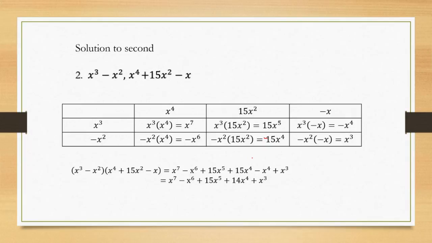So that's going to be negative. So what we should have here then is negative 16. Hopefully that's the only mistake I made. So we end up getting negative 16x to the 4. So this is what we get.